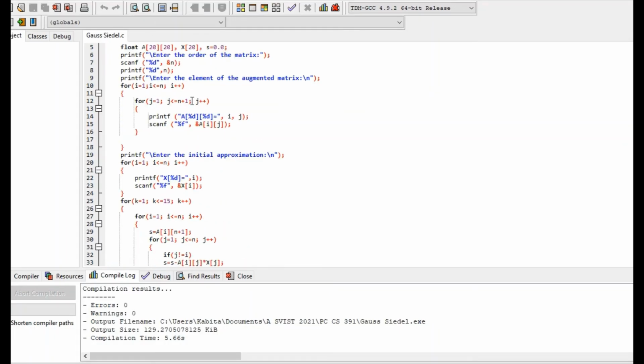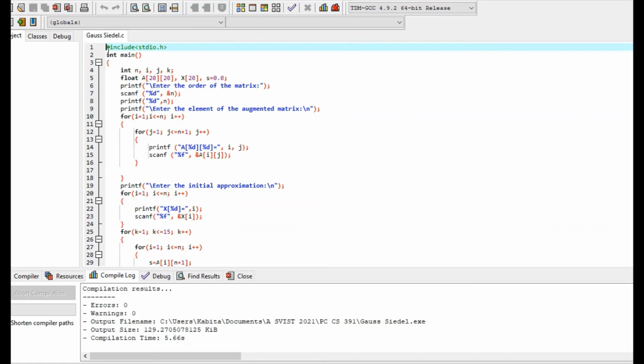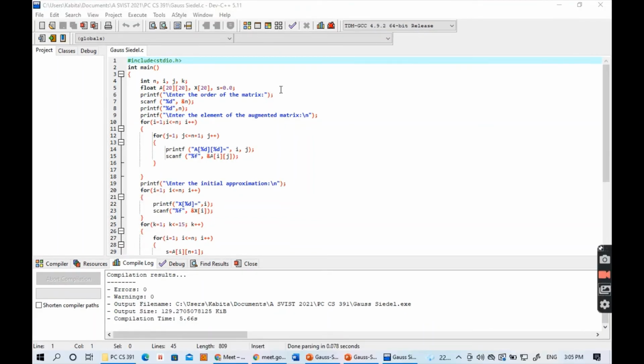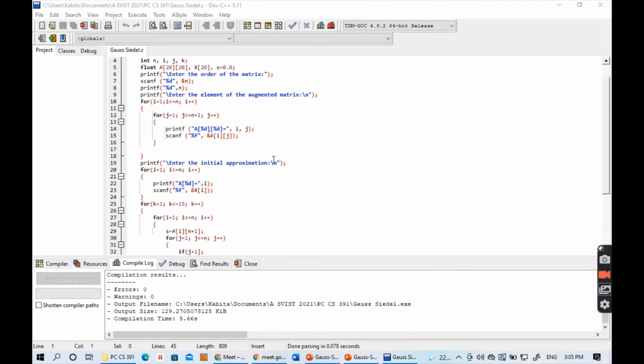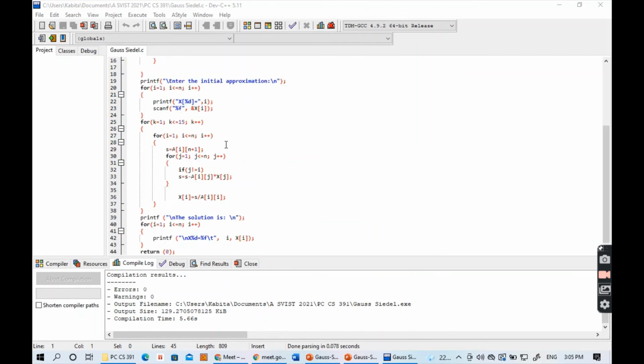Now you see that the programming code I have already written to save time. As you know, the inputs are to be read. What are the inputs? The inputs are the order of the matrix, then the elements of the augmented matrix and the initial approximation. The statements which we have generated, we have incorporated all of them.